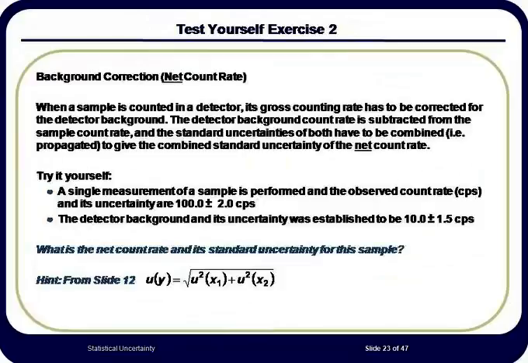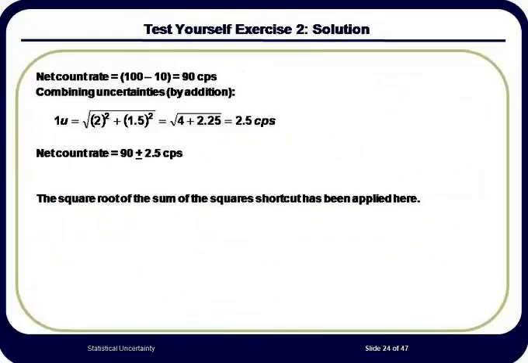What is the result with its combined standard uncertainty? Again, try your hand at that calculation before proceeding to the next slide. The result is the net sample count rate with its combined standard uncertainty is 90 plus or minus 2.5 counts per second. Always report your analytical result with a stated uncertainty.